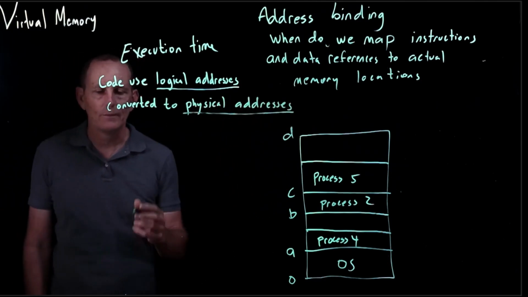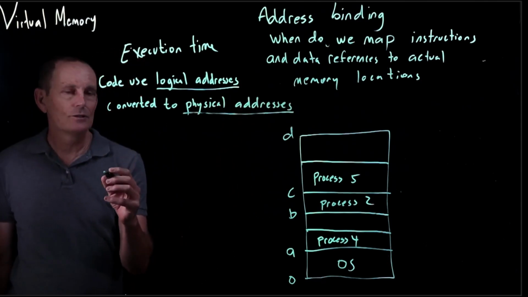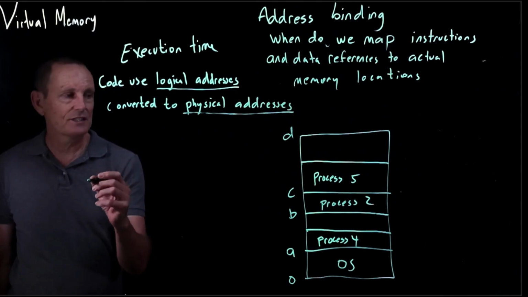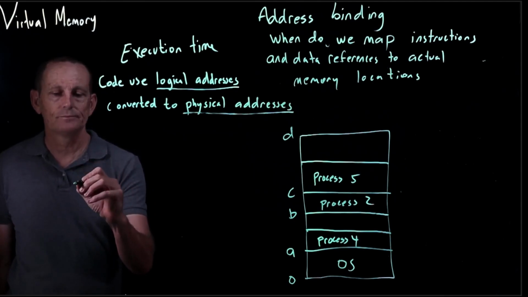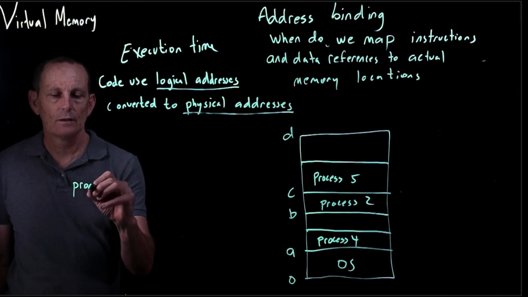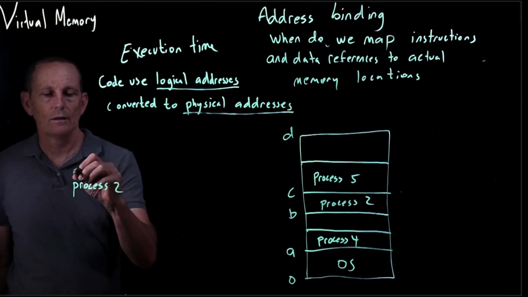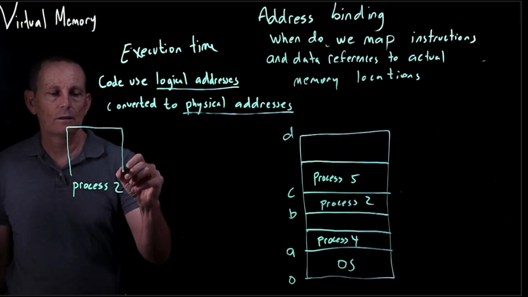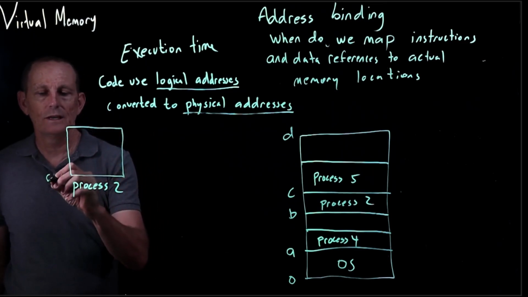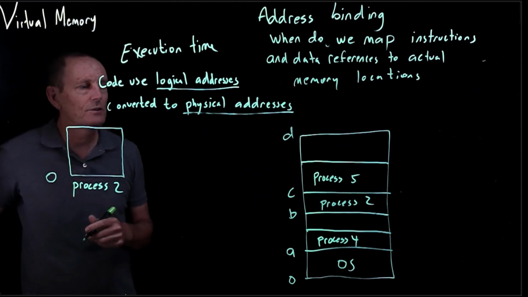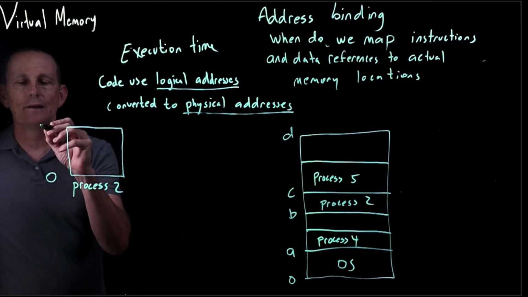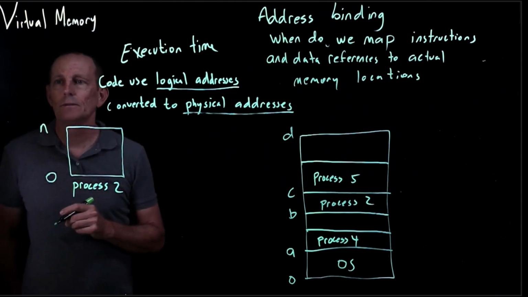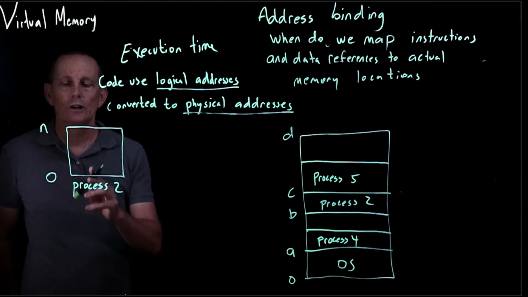So what will happen? Well, let's look at process 2, let's say. It is going to assume it's going from 0 to n. All right, those are its logical addresses.